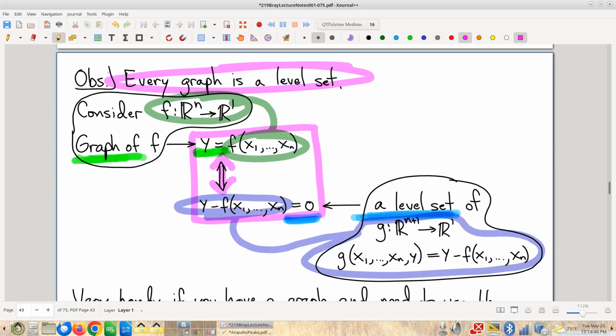If you're given a graph and you're like, oh, I want to use the calculus of level sets, boom, do this. Take your graph that was given, do this little sleight of hand. Now you've got a function where you can say, hey, I'm interested in a level set of this function. You can apply the calculus of level sets to this function and get exactly what you want.